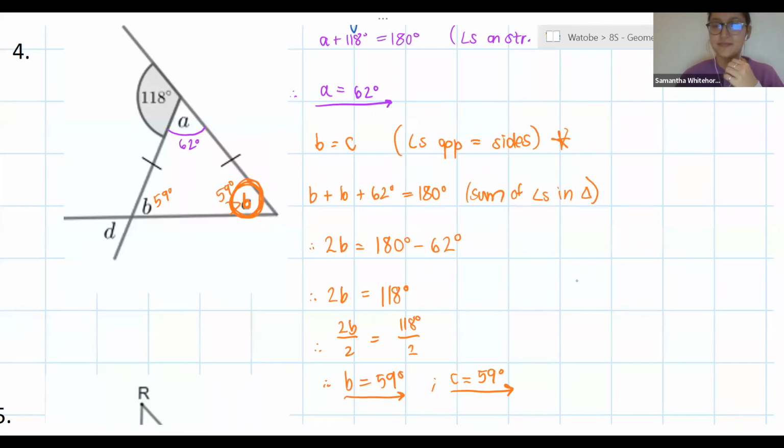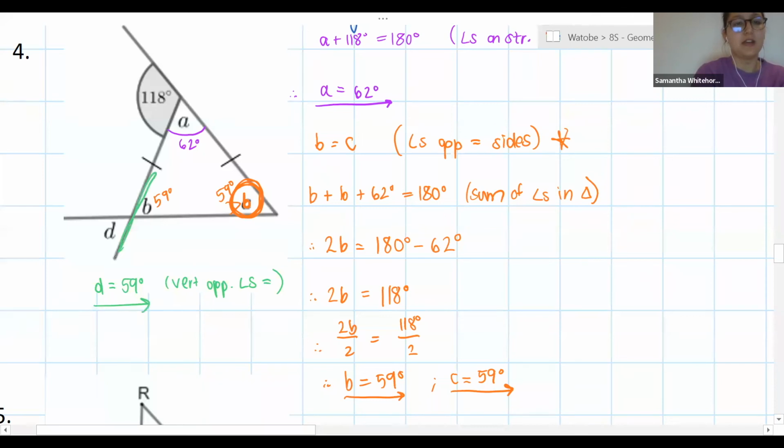So, ma'am, D is equal to B because they are vertically opposite. Perfect. So what is D equal to? 59. Awesome. D is 59 because of that nice cross shape that we have. They're vertically opposite, so they are equal to each other. Thank you, Ayanda.